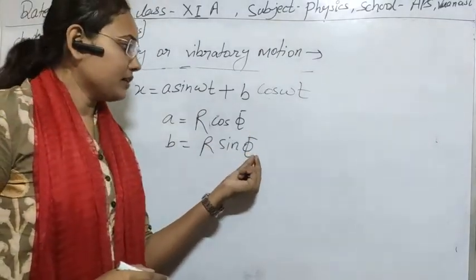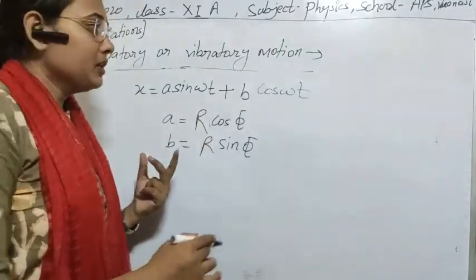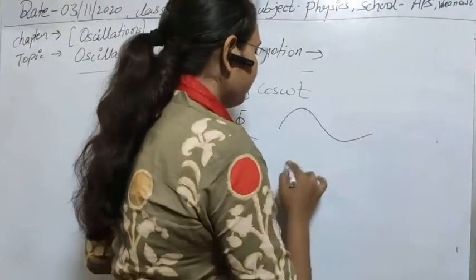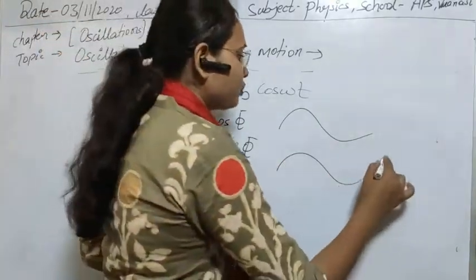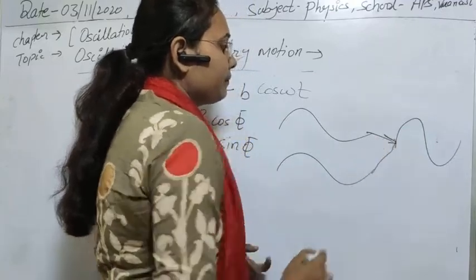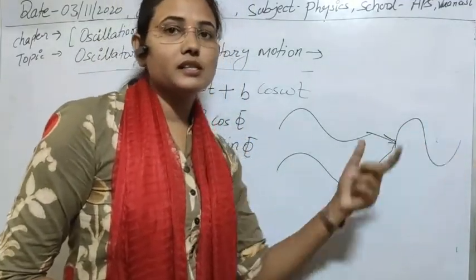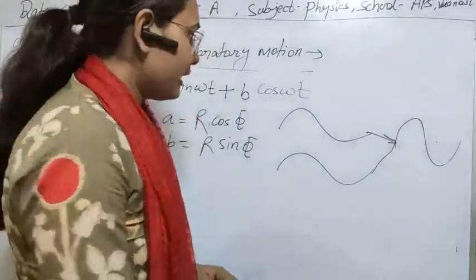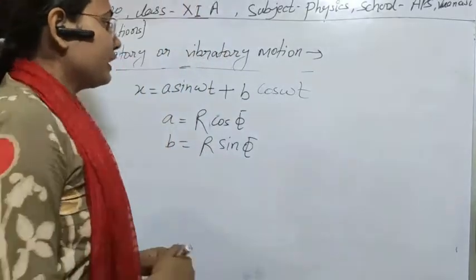Phi is known as the phase of the wave, and r is known as the resultant amplitude of the wave. Suppose there are two waves moving and superimposed over each other, and finally one wave is moving in this way. So what is the resultant amplitude of this motion and what is the phase of this motion? Later I will tell you the meaning of phase here.